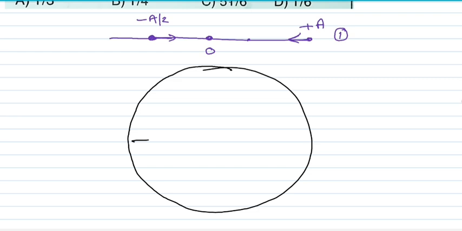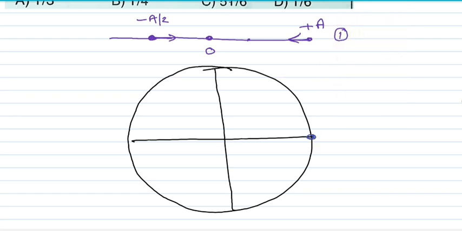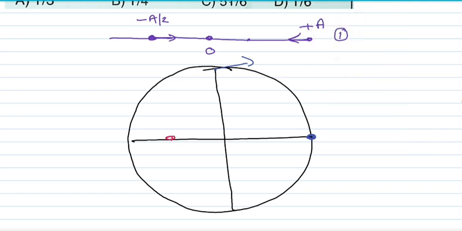On the circle, the first particle is at the extreme position. We will take the y-axis as the reference axis here, and the second particle is at position minus A by 2, that means over here.